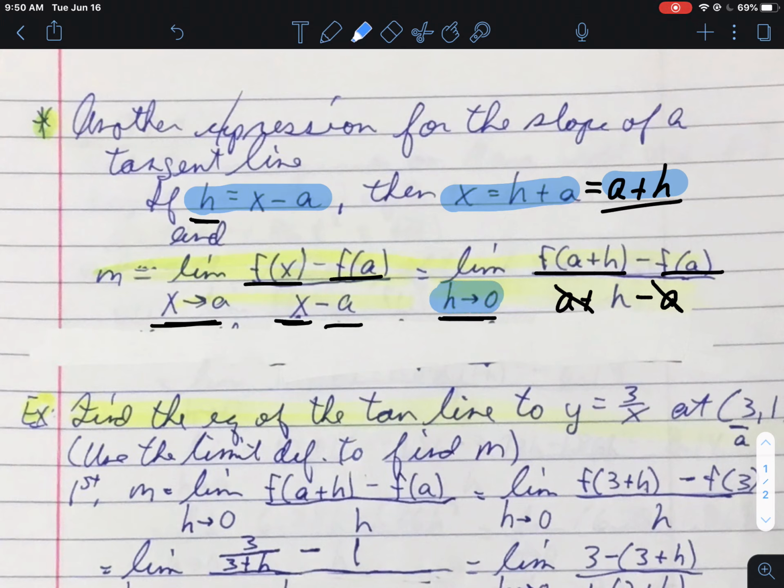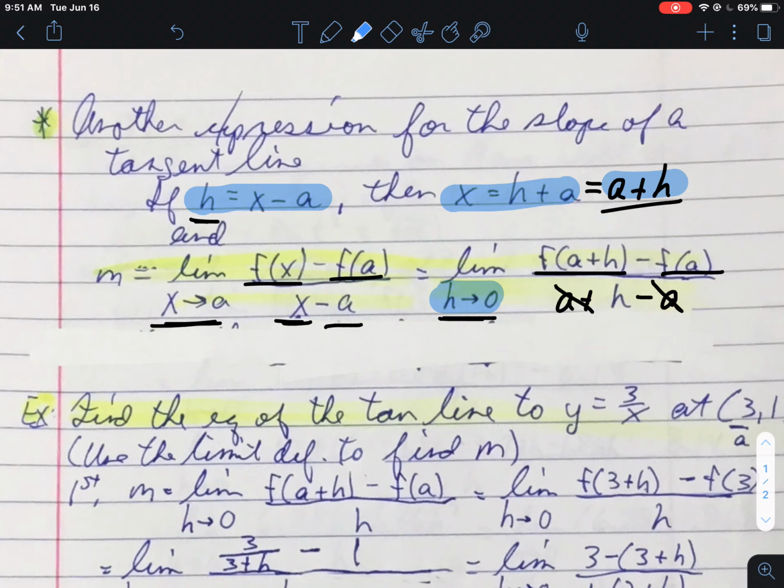So be careful with these two different notations. H is the distance between x and a. As x gets closer to a, the distance between the two approaches 0. So that's the limit as h approaches 0 of f of a plus h minus f of a over h. So we've got now two different definitions that you can use to calculate the limit.